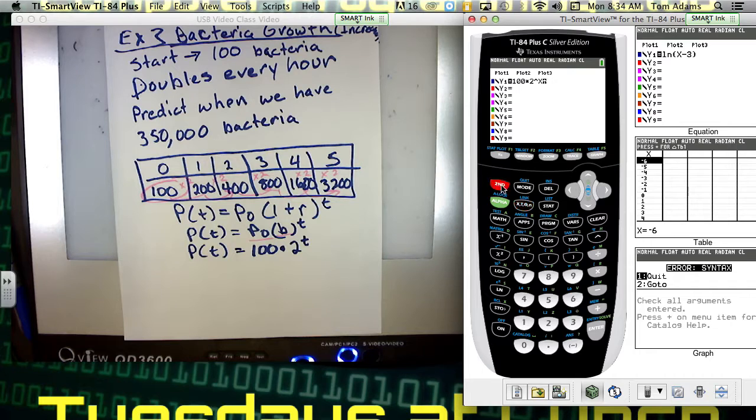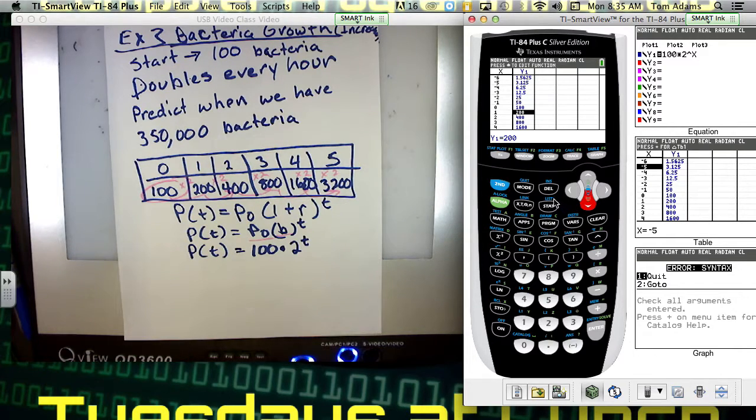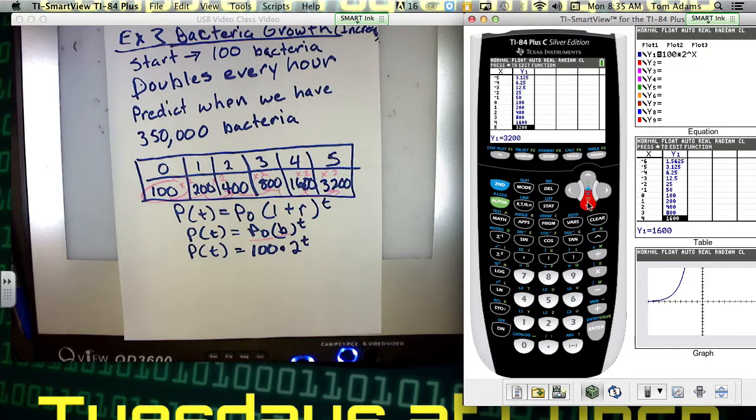And then I look at the table of values, I get, well, at 0 I get 100, when x equals 2 I get 400, 800, 1600, right? If I keep going I get 3200, 6400. Now I could scroll until I get to 350,000, but how do I know exactly?